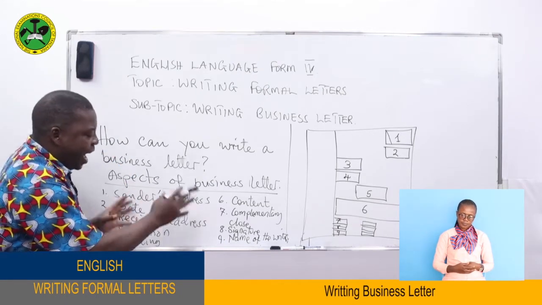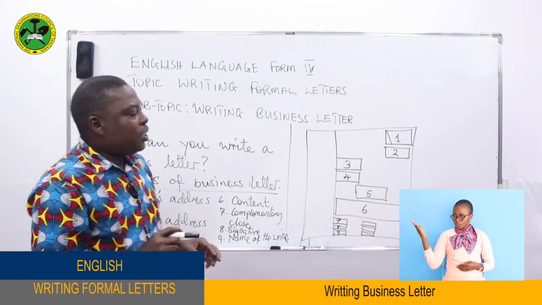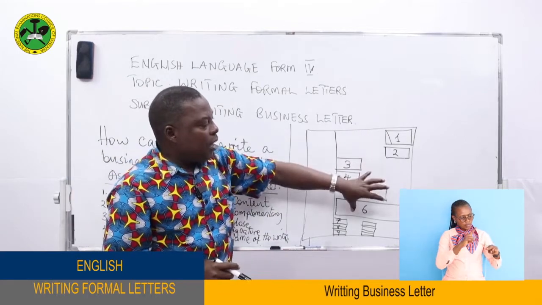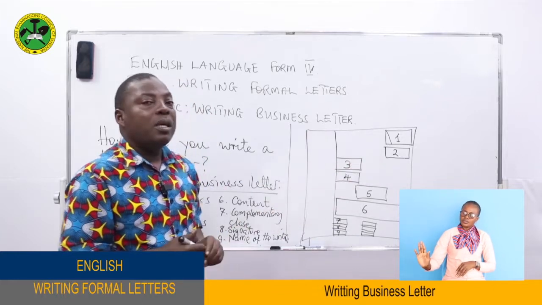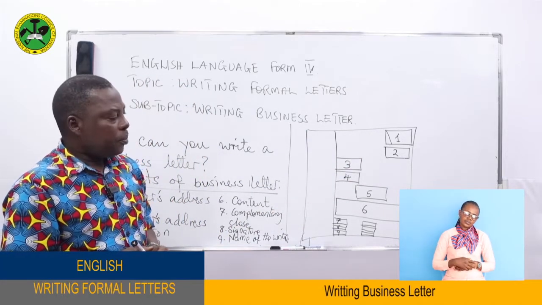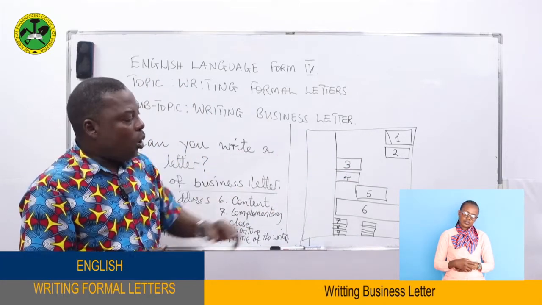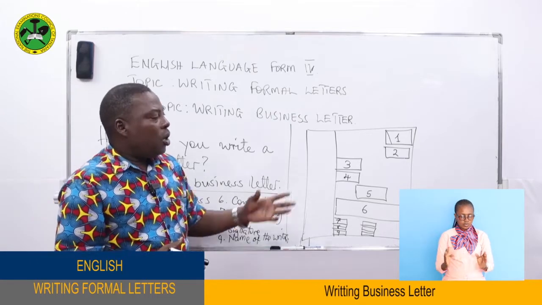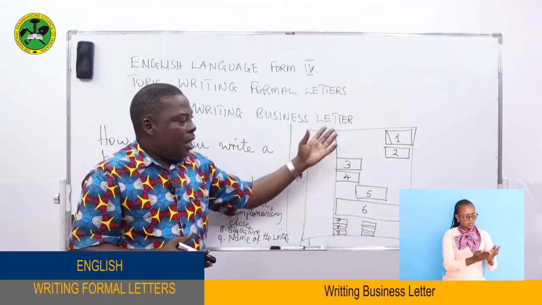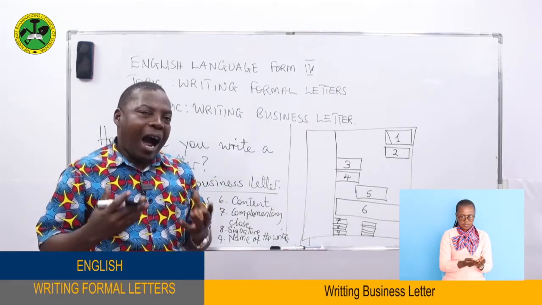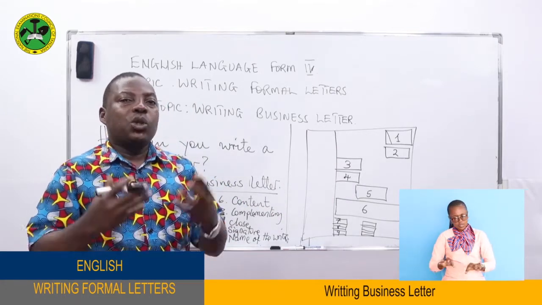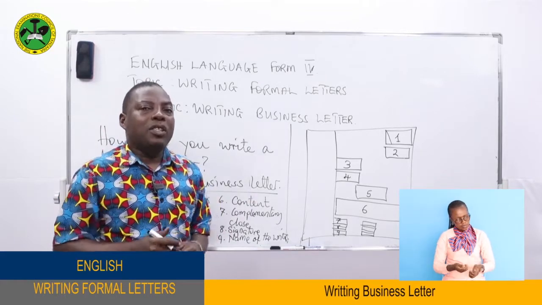So these aspects are positioned in these areas that I have shown you, represented on this page. That is how it is organized. In other books, other scholars call this a layout, the way a business letter should appear.